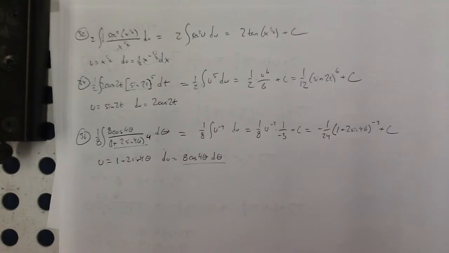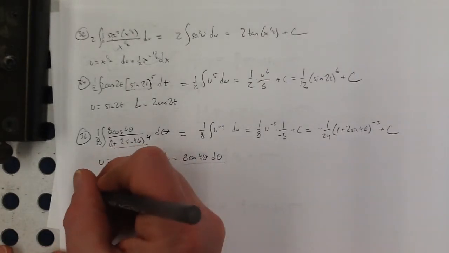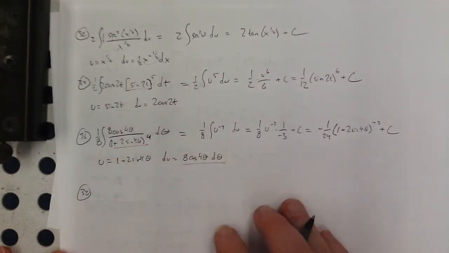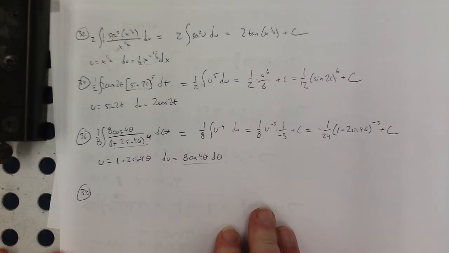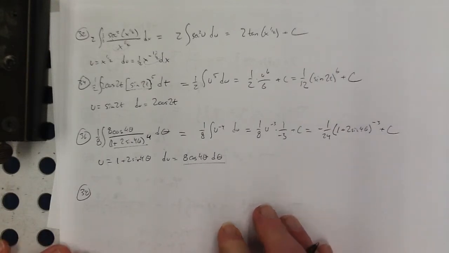That's number 36. Oh, I have one more on that page. What are we going to, 44, I think? 8 more? Number 38. Tangent cubed 5x, secant squared 5x.